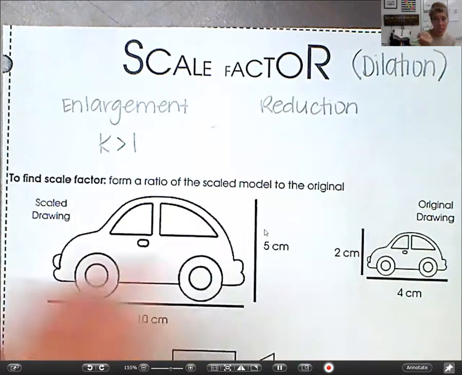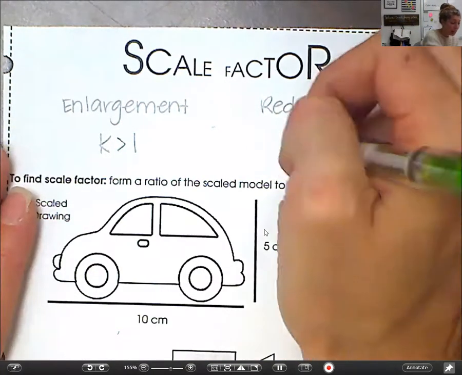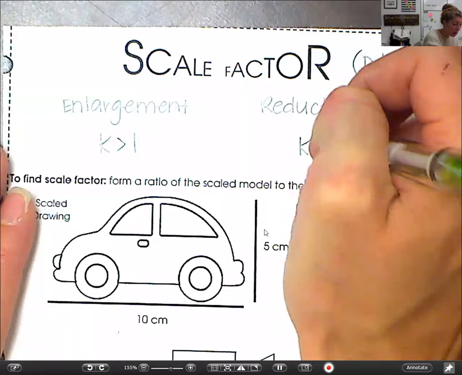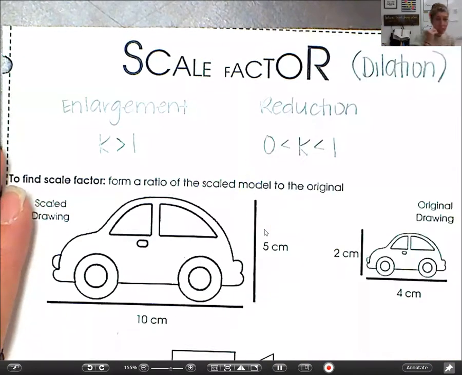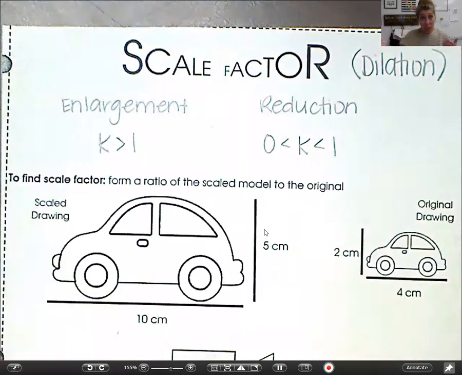A reduction is where K is less than 1. But it also needs to be greater than 0. Remember, scale factor is all multiplication. If you scale something down using a scale factor of 0, it no longer exists. 0 is the absence of value, so it makes that image disappear.